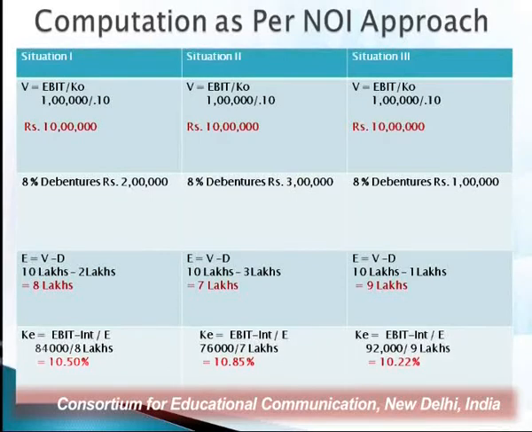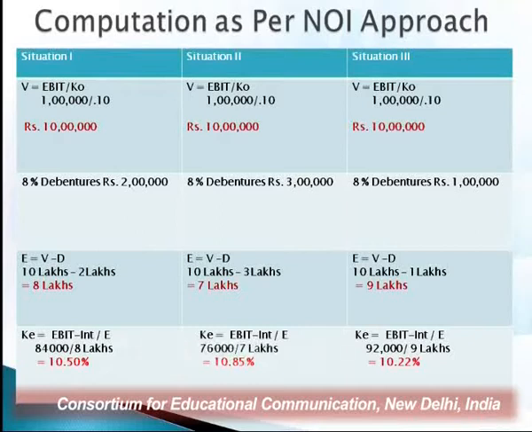Now moving ahead, in situation number 2, as I already told you how to calculate the value of firm, it is given there as 10 lakh rupees. Now it's time to calculate the market value of equity, which is 10 lakh minus 3 lakh, because we have increased the quantum of debt from 2 lakh rupees to 3 lakh rupees, and here the market value of equity becomes 7 lakh rupees, right? And for cost of equity, EBIT minus interest divided by market value of equity.